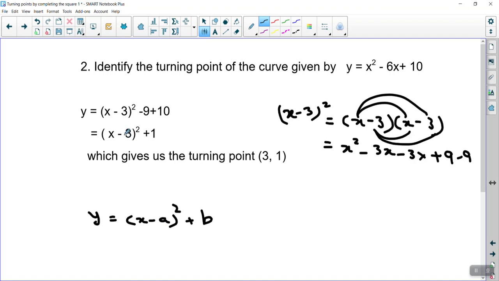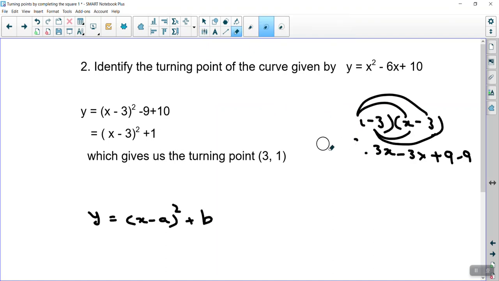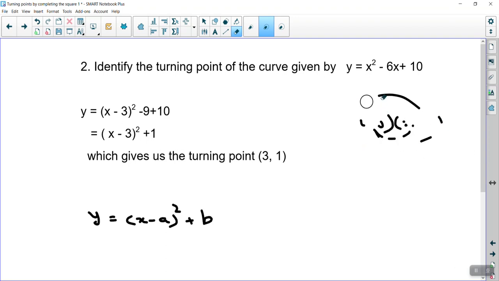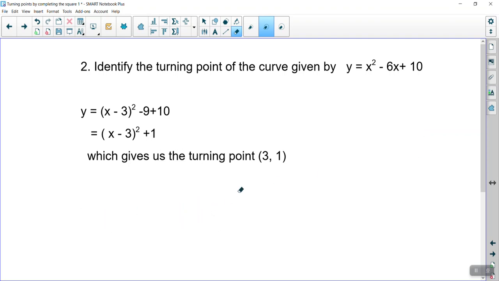So here already there's a negative sign, so this is going to be 3, and this is 1. Or you could even remember that always negate the sign of a to what it was in the bracket. I hope this helps in making completing the squares easier for you.